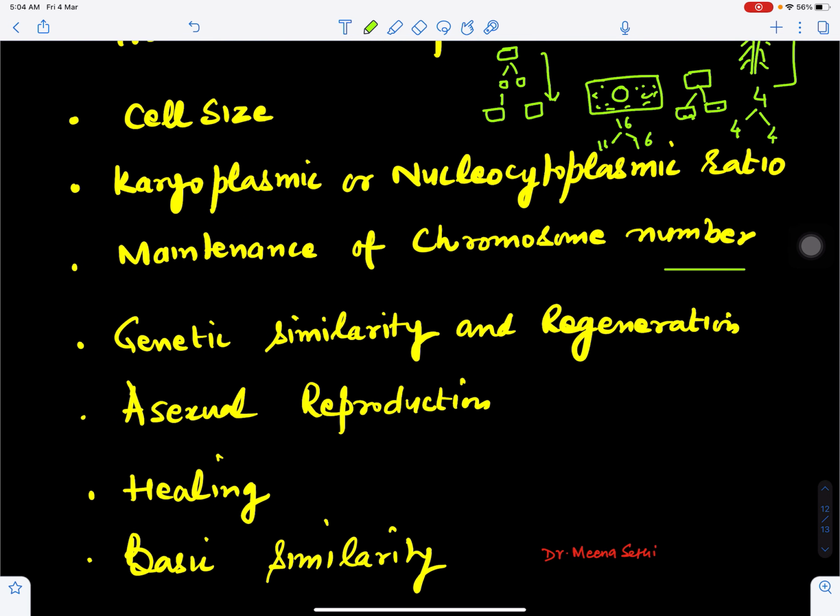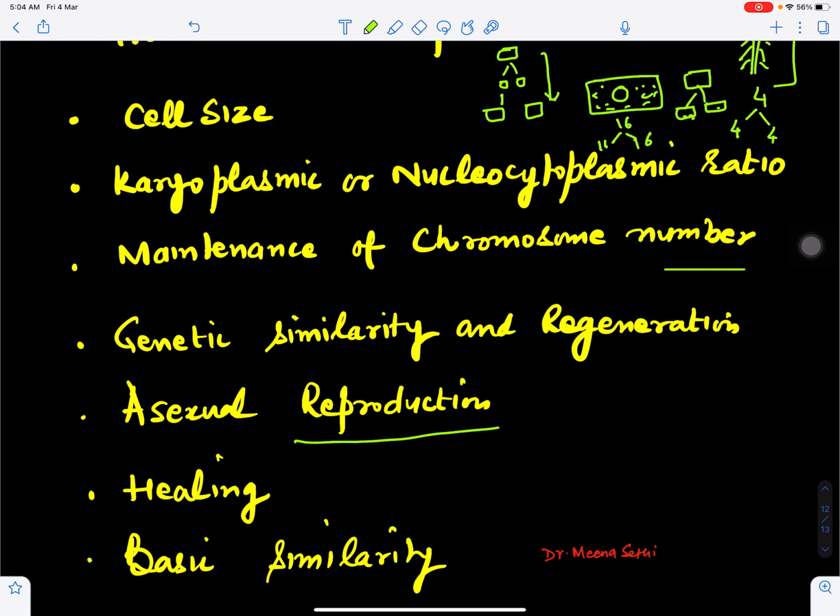Now, mitosis also helps in maintaining genetic similarity and regeneration. This also helps in asexual reproduction, like in fungi and lower organisms. Reproduction is by the asexual method, by conidia, by sporangia formation. Mitotic cell division takes place there. And if we talk about vegetative propagation in plants, if we sow a potato, we will get a potato crop.